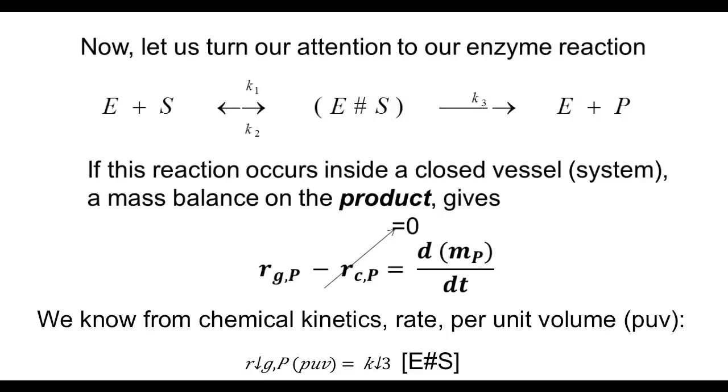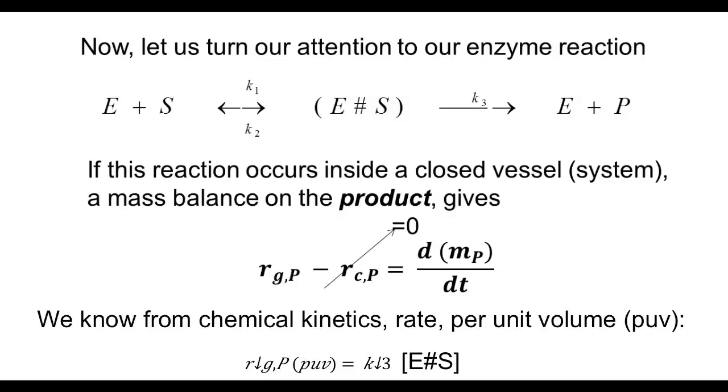And we know from chemical kinetics that the rate on a per unit volume basis, the volumetric rate as we call it, is RGP per unit volume. This is the normal way in which we write our rates on a per unit volume basis. This rate is on a mass basis, mass per time.